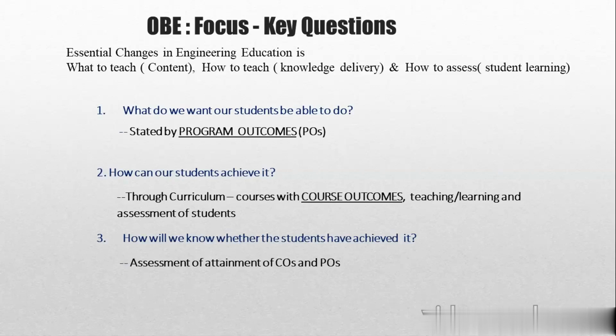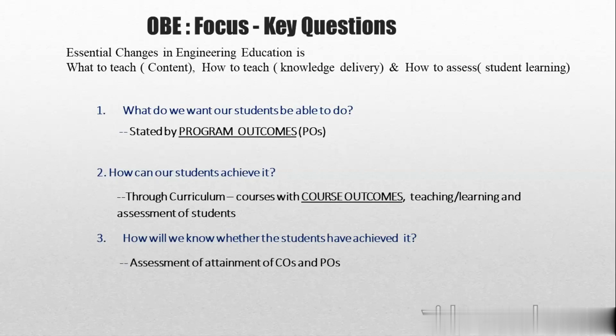First of all, we have key questions that we should ask ourselves. What do we want our students to be able to do? It is stated in the program outcomes. I will let you know what those program outcomes are and how our students achieve them.